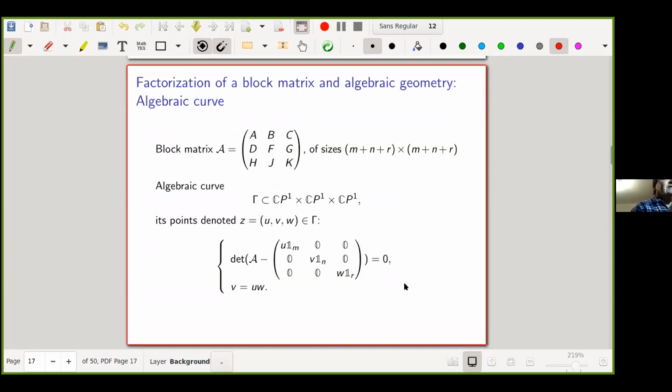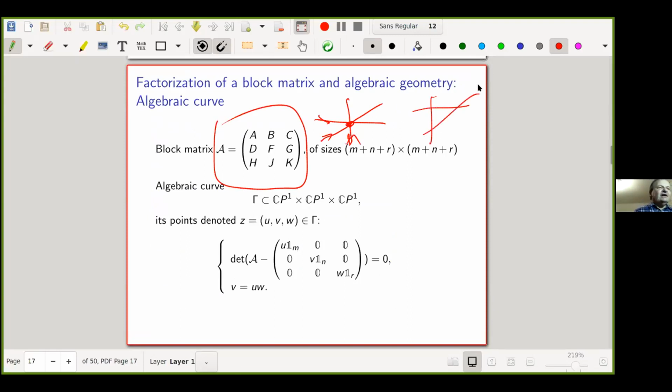Refactorization is when you have something like this and then you make something like this. And simply factorization is if you have just a block matrix like this, with three inputs, so to say, and you factorize it somehow.